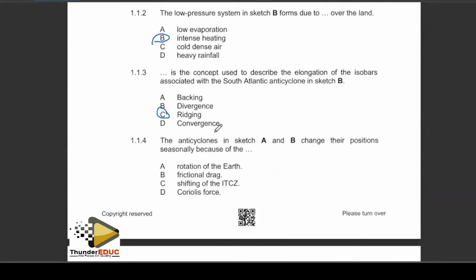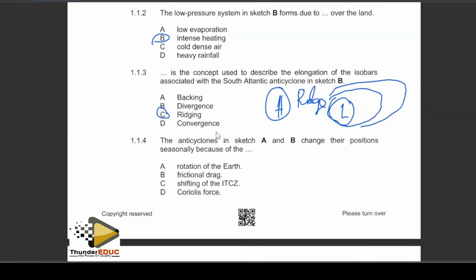If it was a low pressure cell and there's an elongation, that would have been a trough. So you must always know the difference there. When it's a high pressure cell, it's a ridge. And when you have a low pressure cell and there's an elongation, maybe the isobars are going like that, away from the center, and the isobars are elongating in that direction.